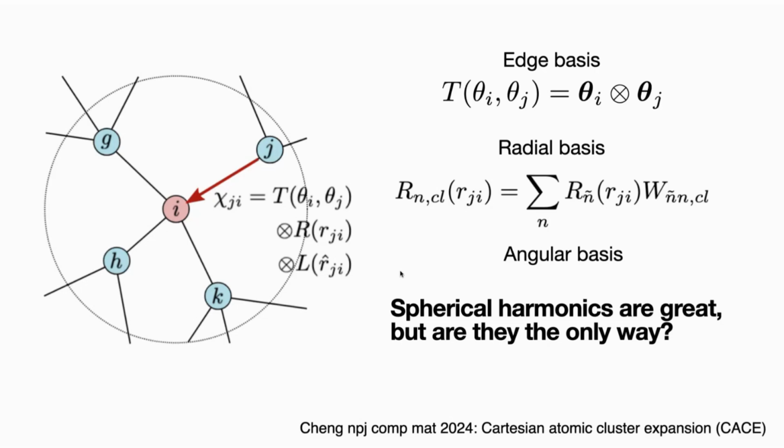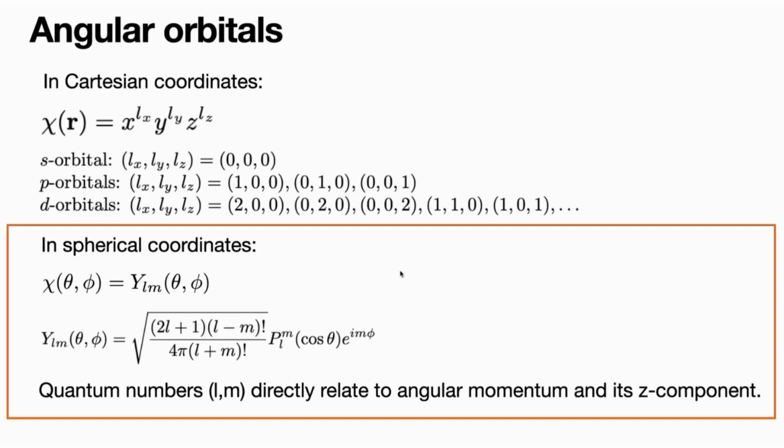Now, if you're familiar with atomic cluster expansion or the E3NN framework, you know that they use spherical harmonics, and then they also use Clebsch-Gordan tensor contraction to do the symmetry operations.